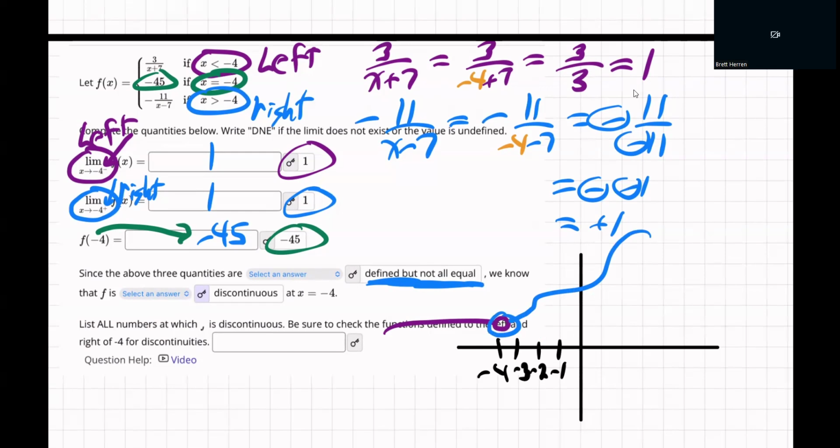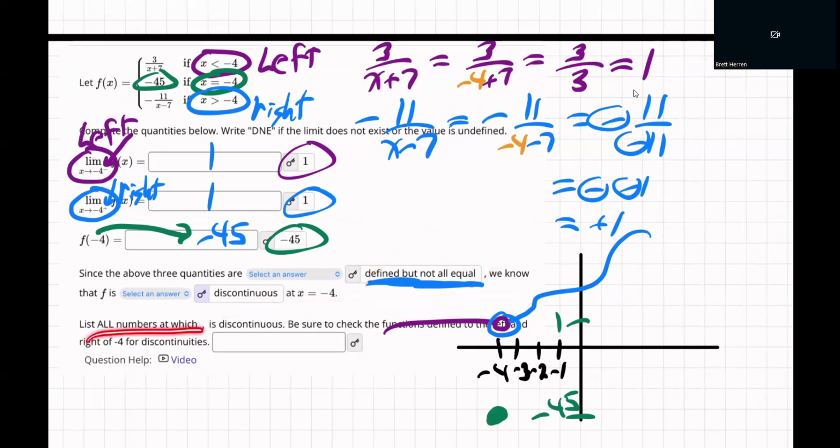But actually, the function itself is way down here at -45, solid dot at -45 height, where these are at a height of 1. So the function is going to have a discontinuity there, right? It's going to come in from this side, open dot, it's got to jump down here, jump out here. So you'd have to lift up your pen. That's discontinuous at -4. So it's discontinuous because they're not all equal.